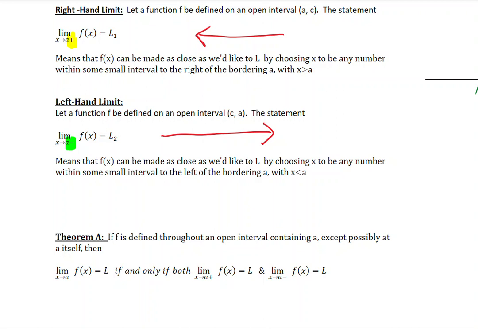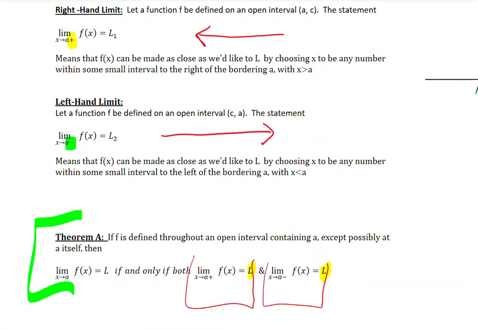And this comes to our theorem right here, theorem A. It says if f is defined throughout an open interval containing a, except possibly at a itself, then the limit as x approaches a equals L if and only if approaching from the right side and from the left side give you the exact same value.